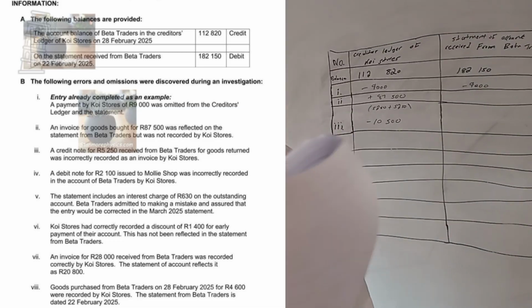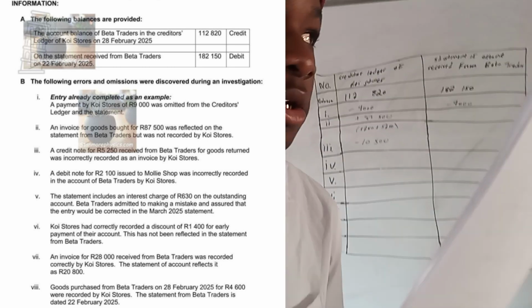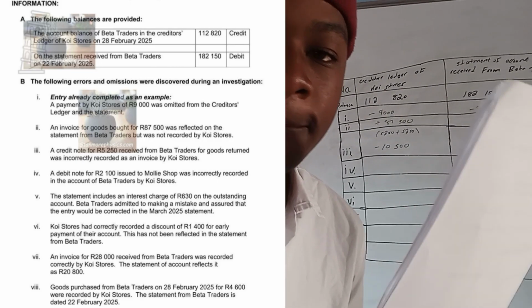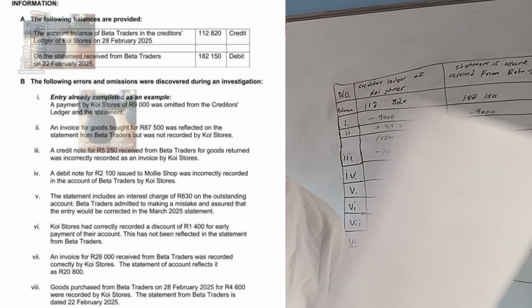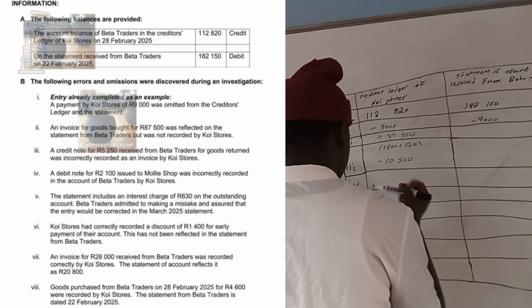So we must add it, plus 2,100, because we minused 2,100 from Beta Traders, and we were supposed to minus it from Molly Shop, not Beta Traders. So we add it because we minused it by mistake. It will be plus 2,100.